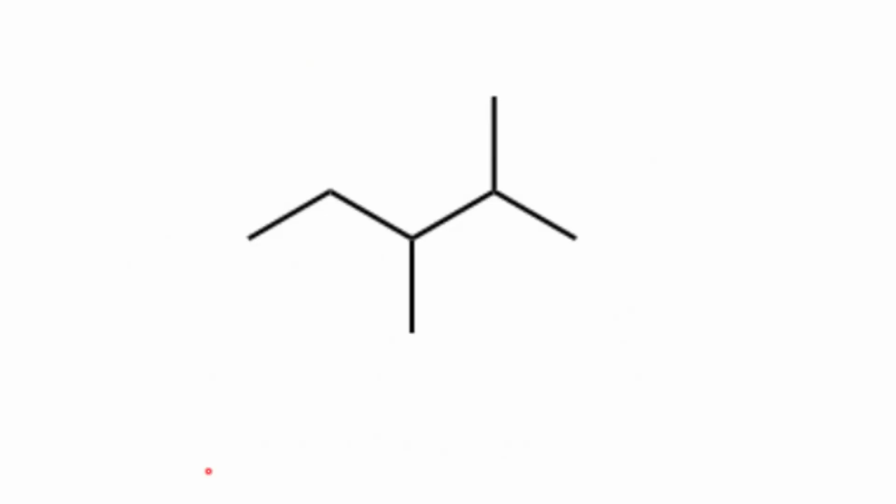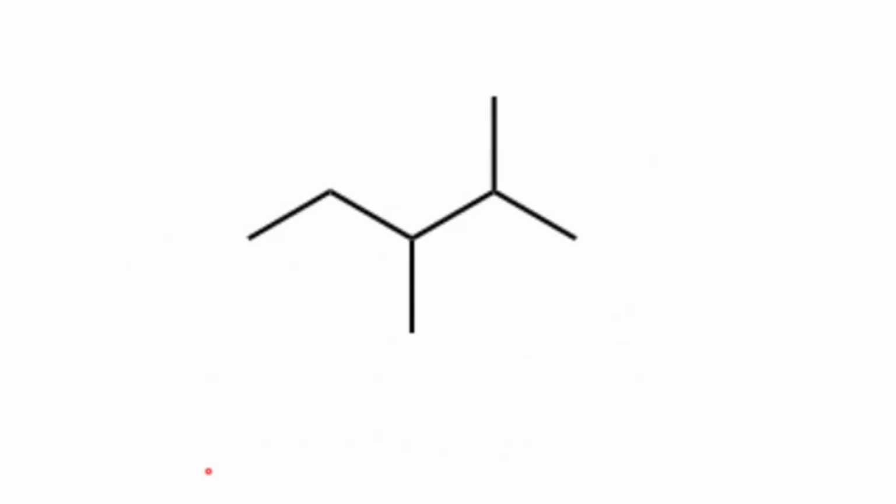Second, when you detect the main chain, the main backbone, start numbering from the carbon that is closest to the branch. The carbon that is closest to the branch will have the lowest number, will be carbon number 1. Then start naming the substituents, the branches. If the substituent is an alkyl group, use the normal alkane naming rule, but just replace the suffix "ane" with "yl".